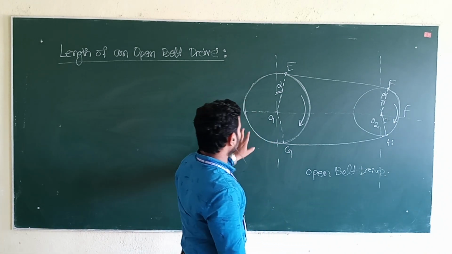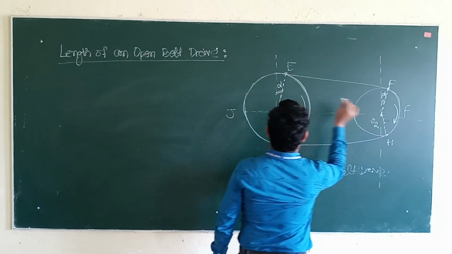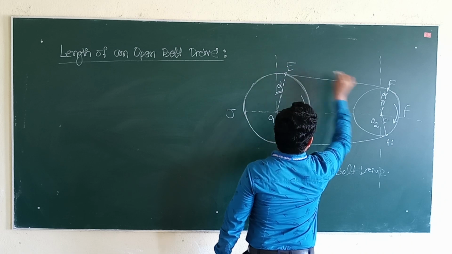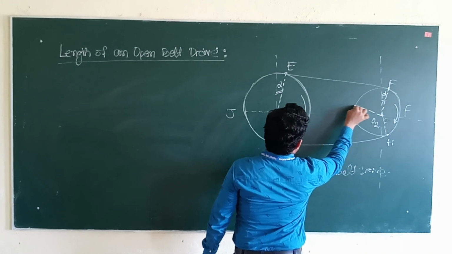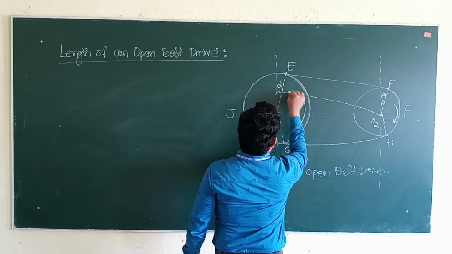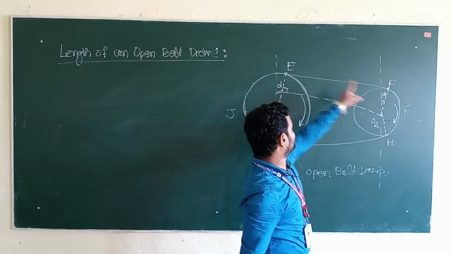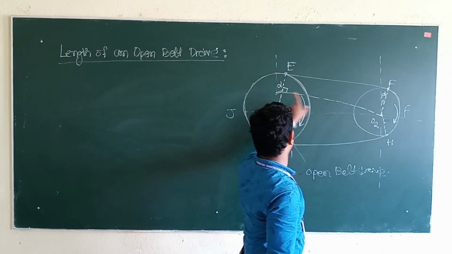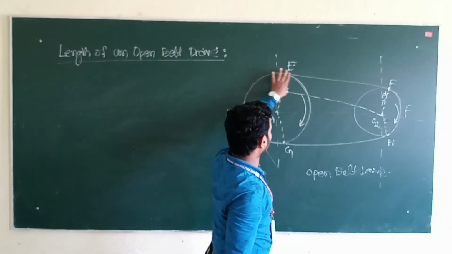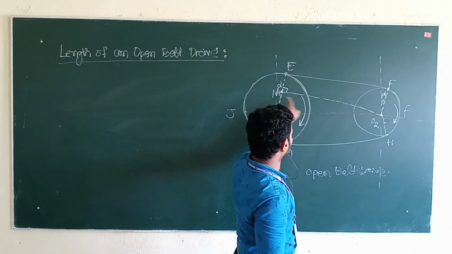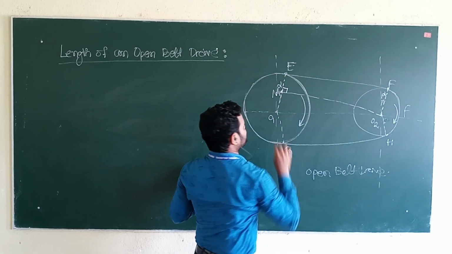Now we will draw a line O2M, which is parallel to EF and perpendicular to O1E. Here is M. EF is parallel to O2M, and O2M is perpendicular at O1E.